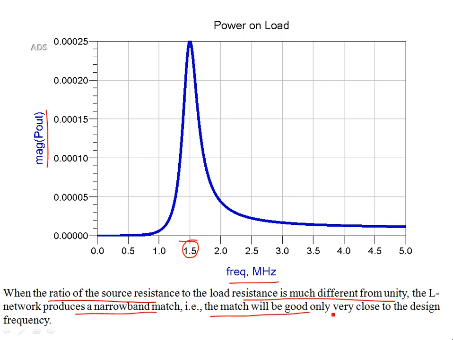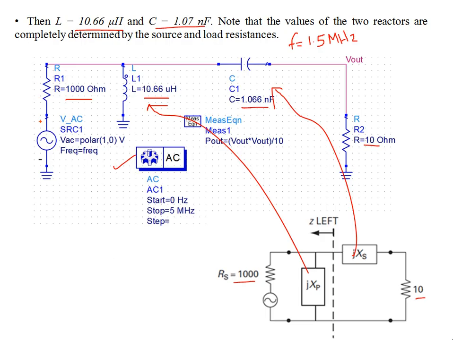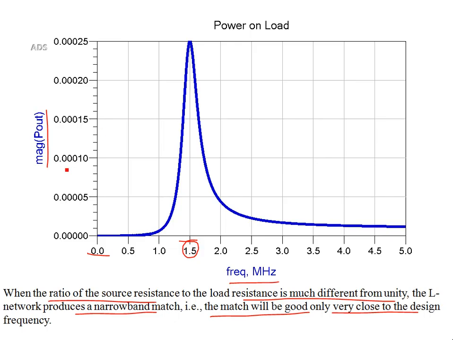The match is good, but it is only very close to the design frequency. You see, at near DC, this capacitor is open circuited, so you have an open circuit over here, which we talked about before, and then you have a short circuit here. The inductor is shorted out at DC, so there is no power being transferred.